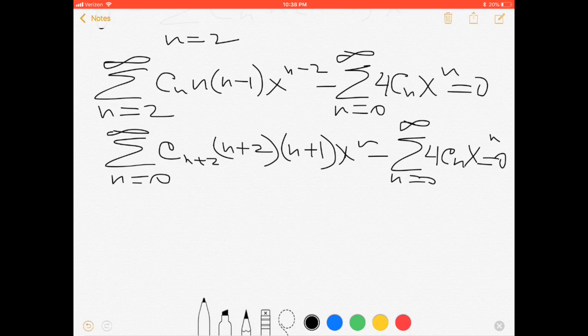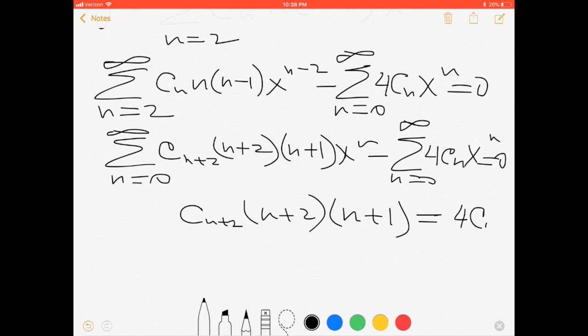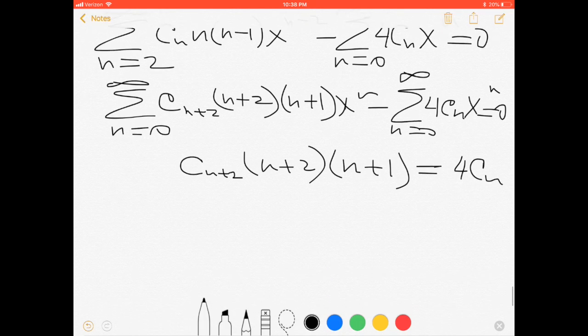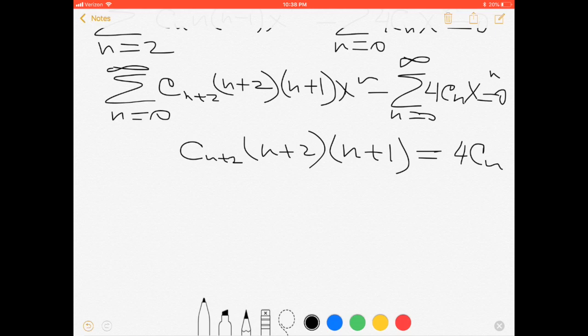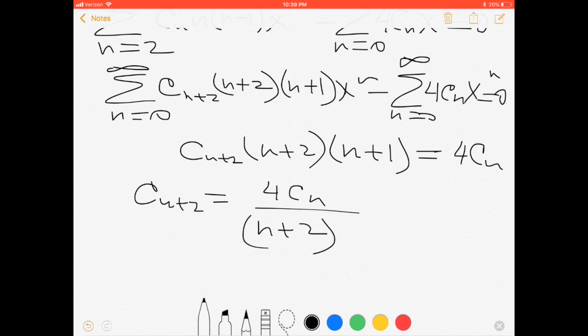And this means you have cn plus 2 equal 4cn, cn plus 2 equal 4cn over n plus 2 times n plus 1. And what is interesting here?